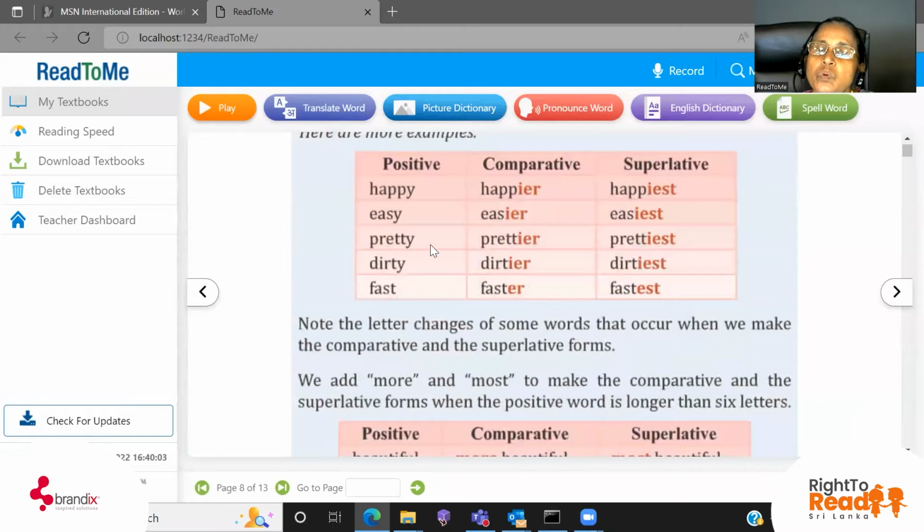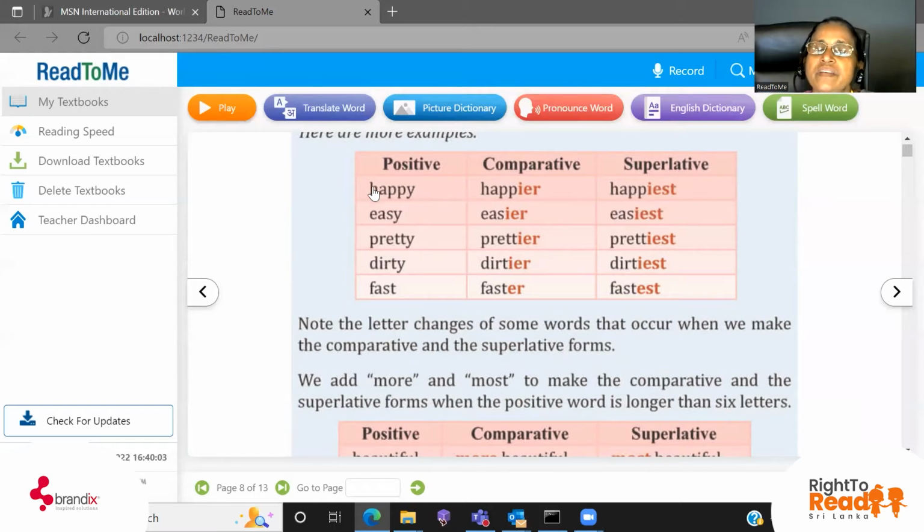Here are more examples, adjectives in positive sense. There are some adjectives. To make them comparative, we add ER, and superlative, EST. You can see some changes when a word ends with a Y.